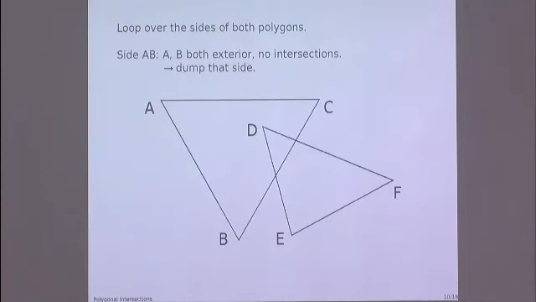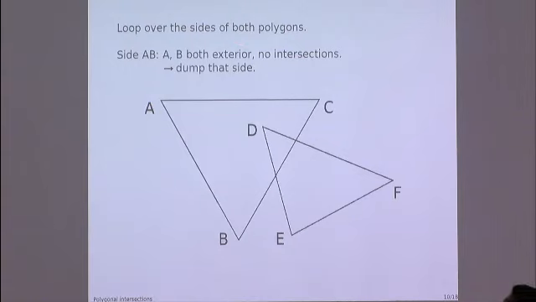So what is the procedure? You loop over the sides of both polygons. There are two polygons here. You have to imagine that they are spherical polygons. You just see this in 2D, but the algorithm is really the same. You loop over the sides of both polygons. You take the first side of the first polygon, AB.